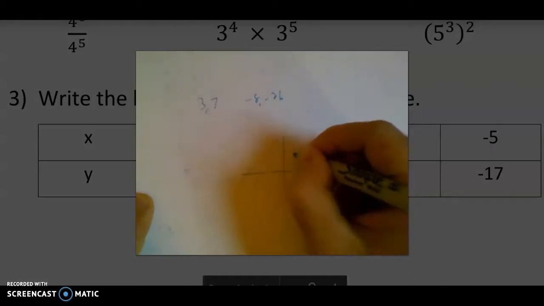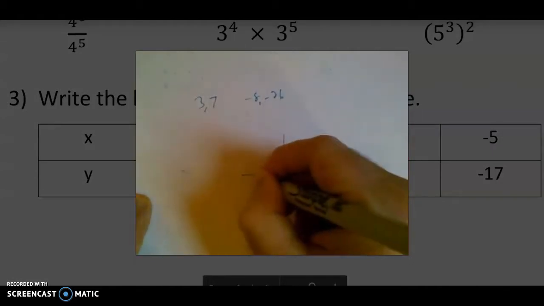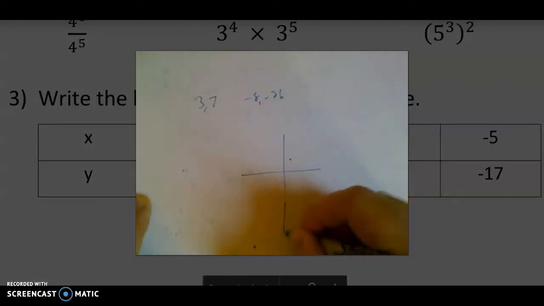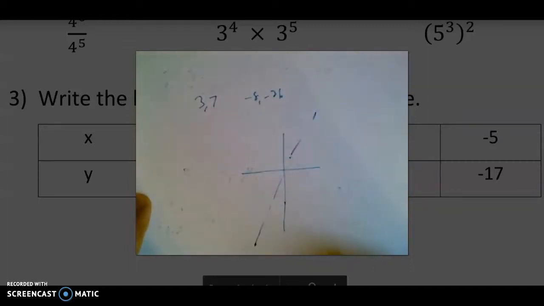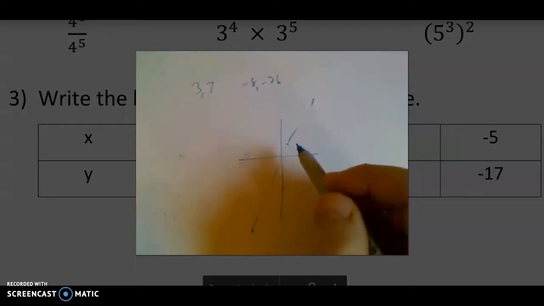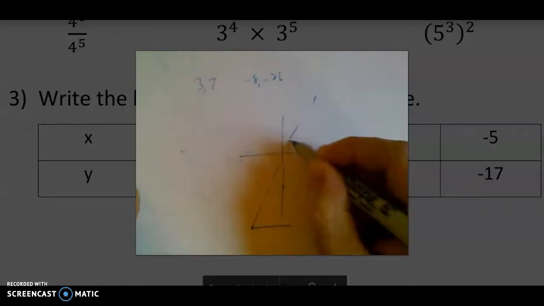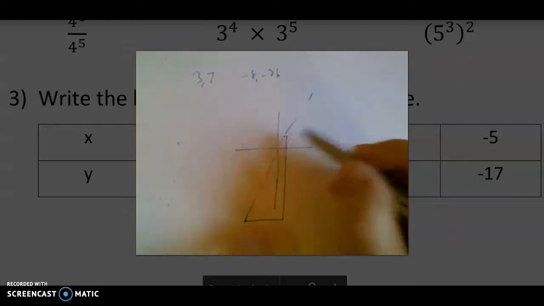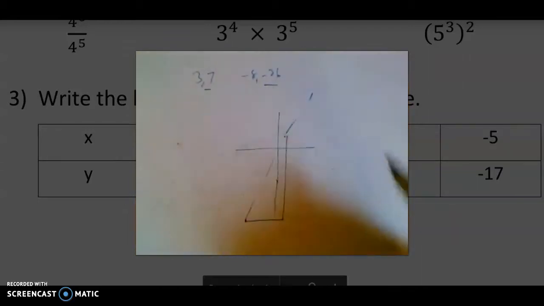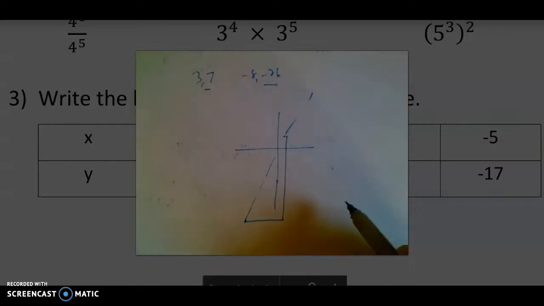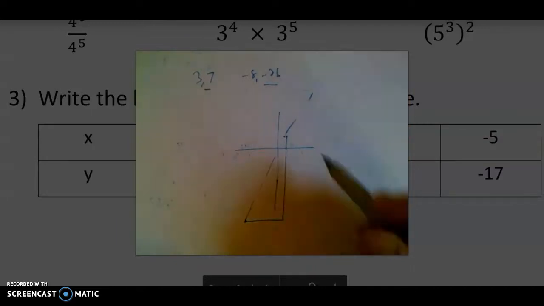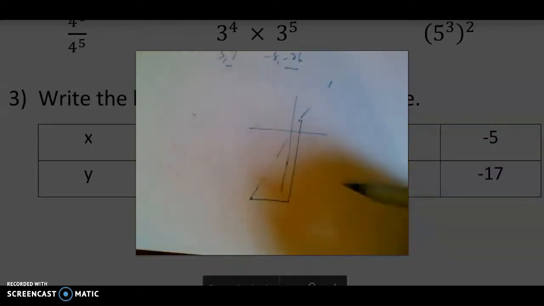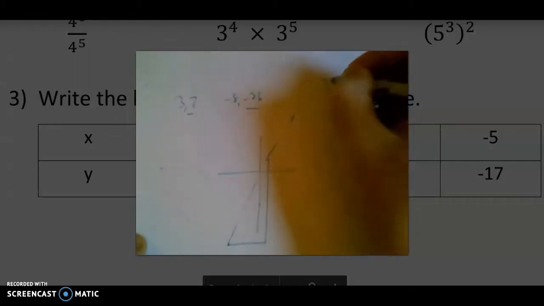So I plot 3, 7, and I plot -8, -26, somewhere down there, so you can kind of see where your line goes or so. But the slope triangle is really looking to see what the rise is, the height of it, and that's your y values. The distance between those ends up being 26 plus 7, because you're crossing over 0, which is 33.